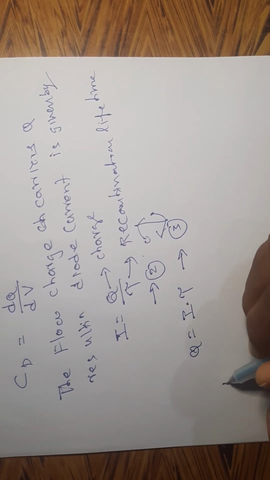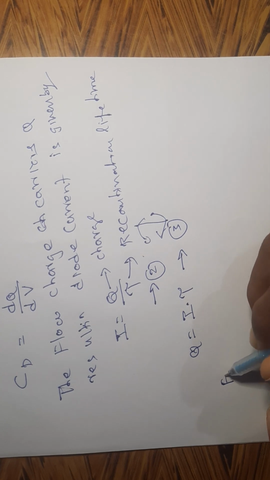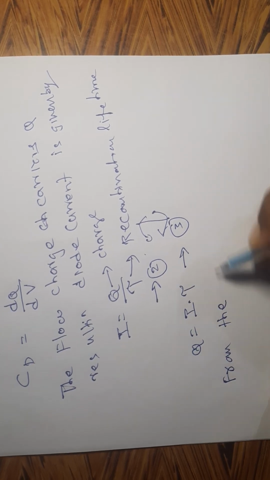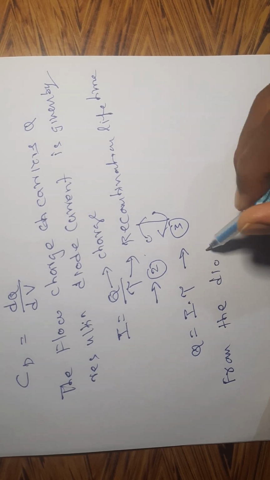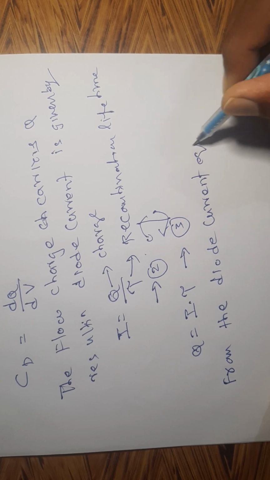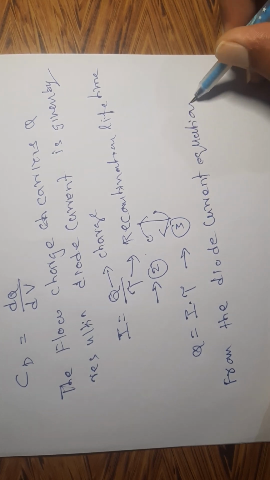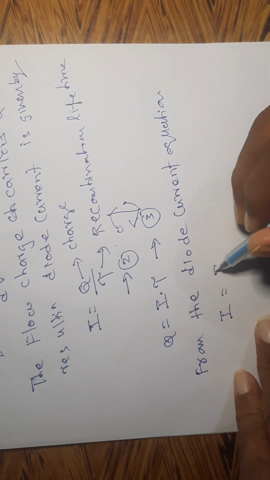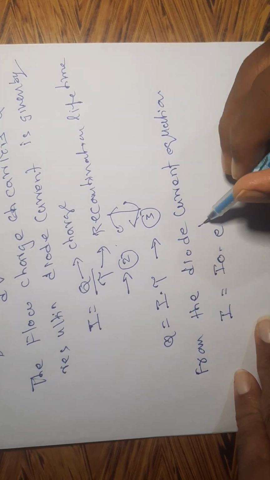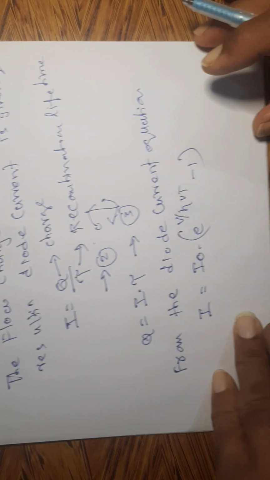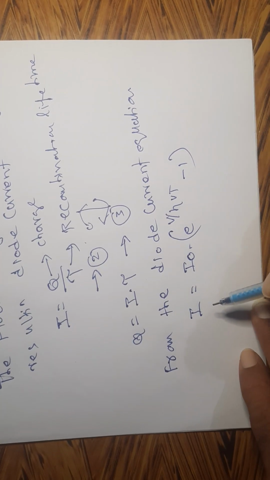Now for simplification, I am considering the diode current equation: as you know, I equal to I naught into e power v by eta vt minus 1. This is the expression for the diode current equation.